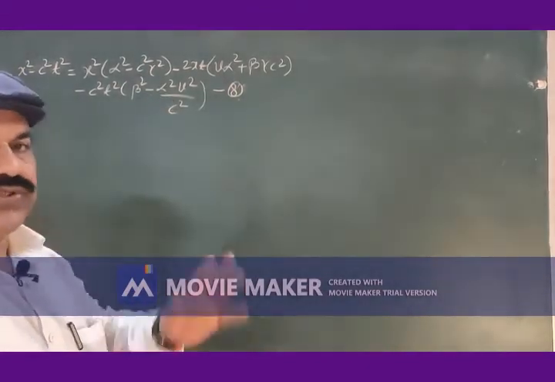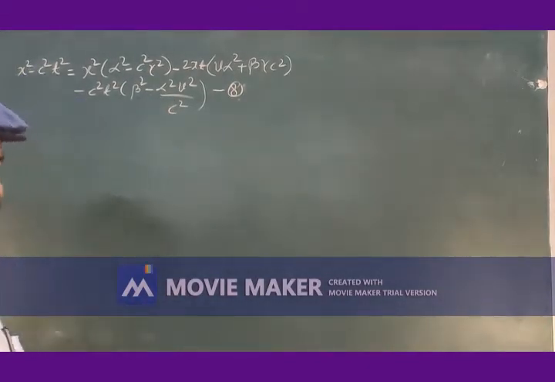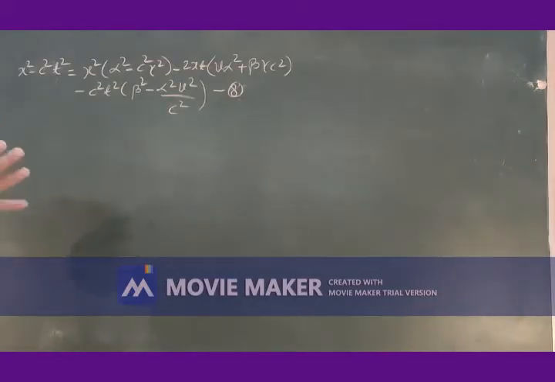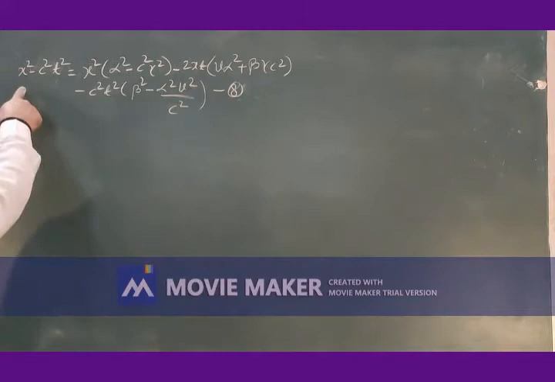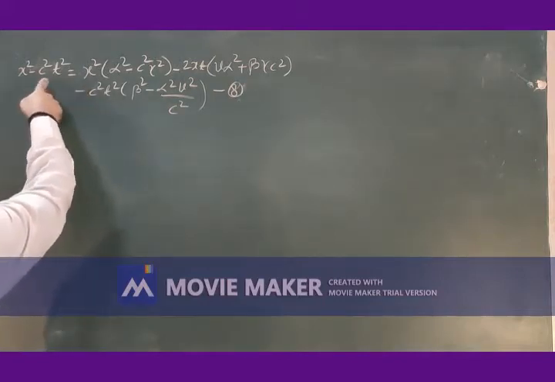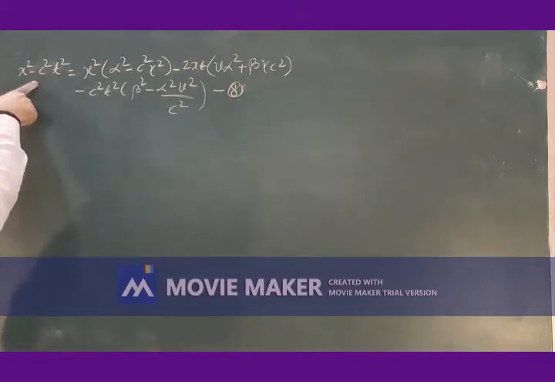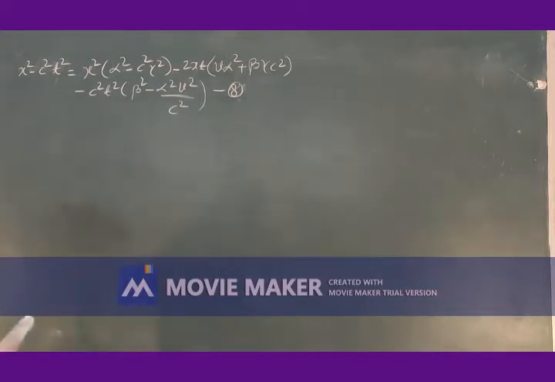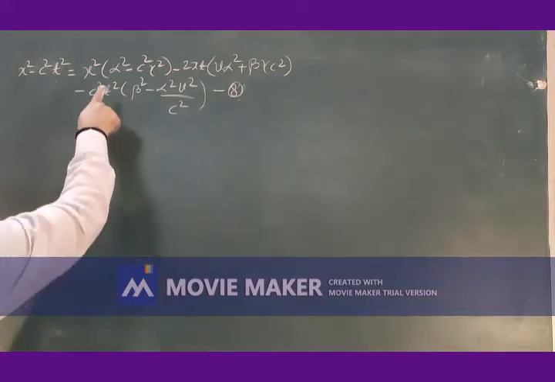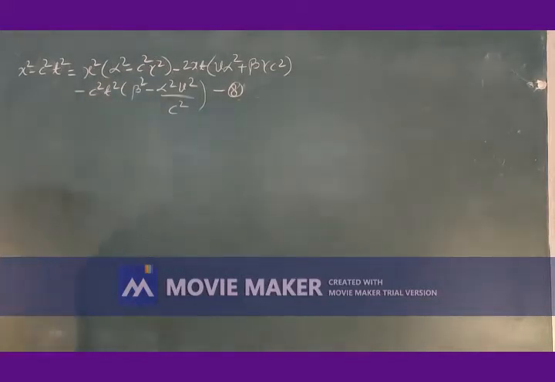Let us proceed to solve this equation. x square is here, x square is here. What is the coefficient of x square? The coefficient of x square is 1, and therefore this bracket should be 1.